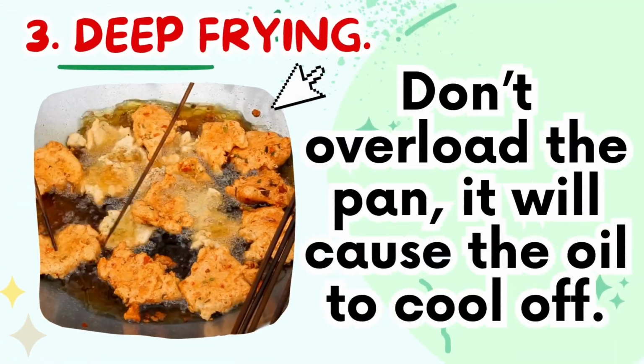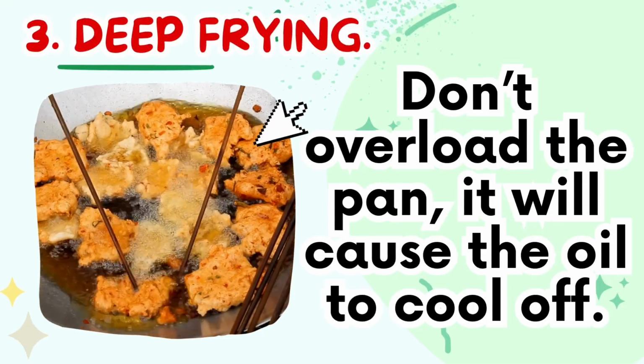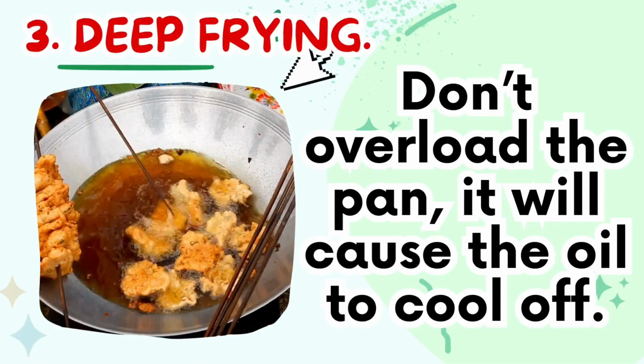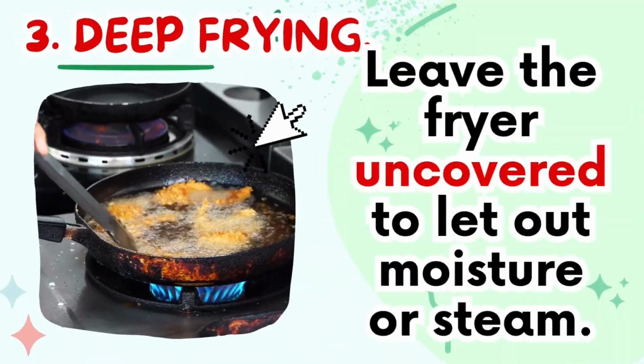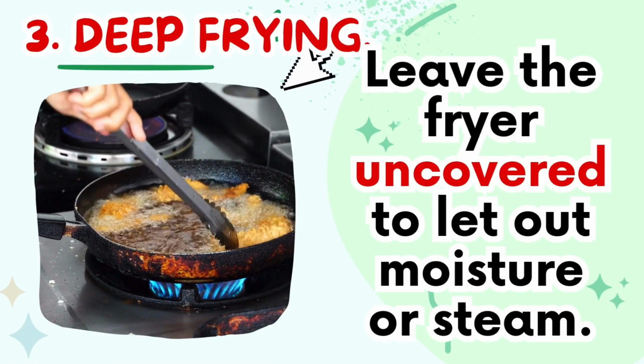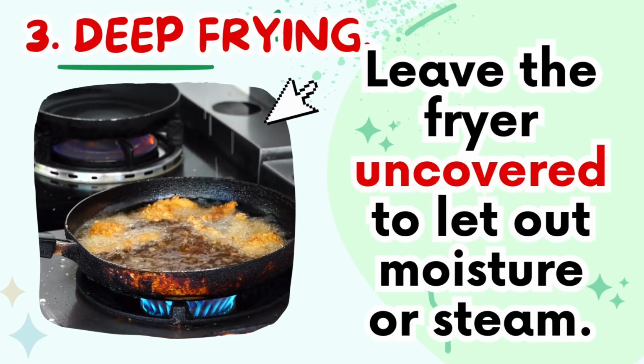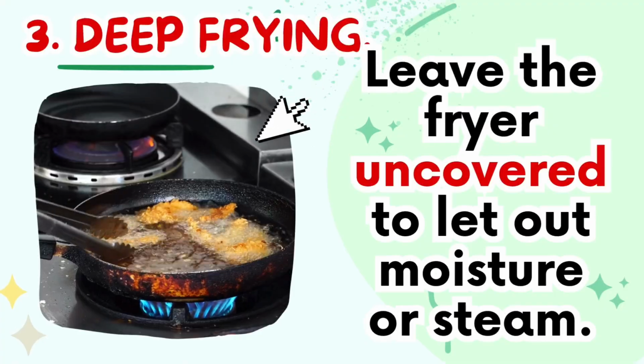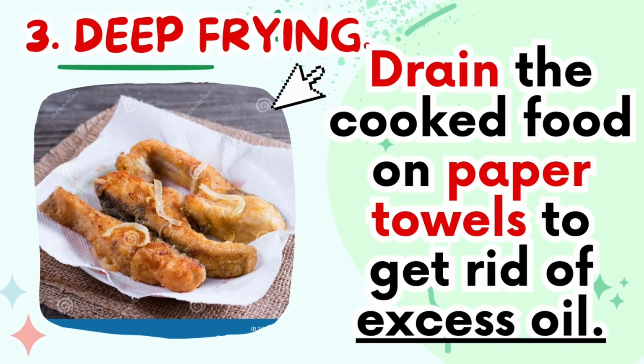Don't overload the pan, it will cause the oil to cool off. Leave the fryer uncovered to let out moisture or steam. Drain the cooked food on paper towels to get rid of excess oil.